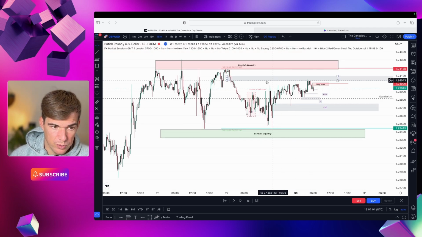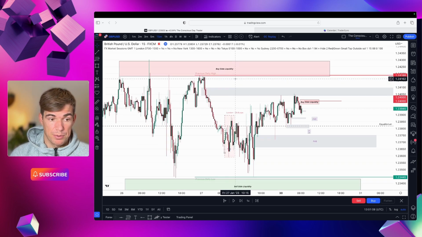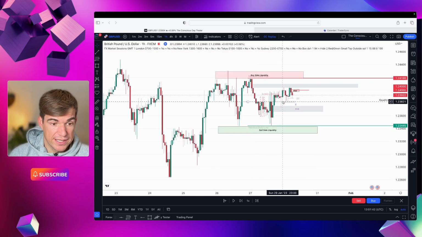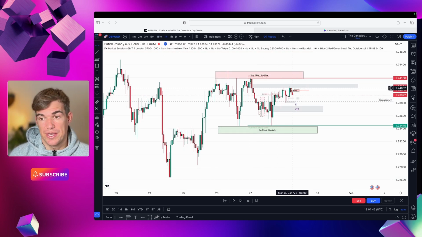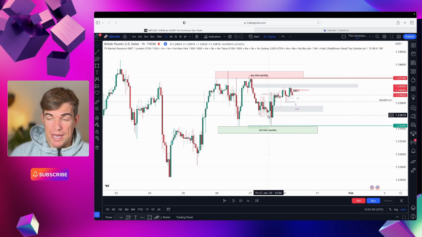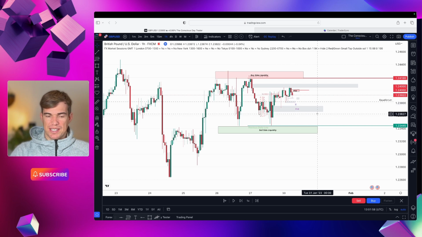Where did it go? It went on the other side on the liquidity, on the fair value gap of this move that the price came and touched, and then it was selling off, and potentially coming back to equilibrium. So my play at the beginning of the analysis was that this price is going to come down to the fair value gap of the 1 hour.